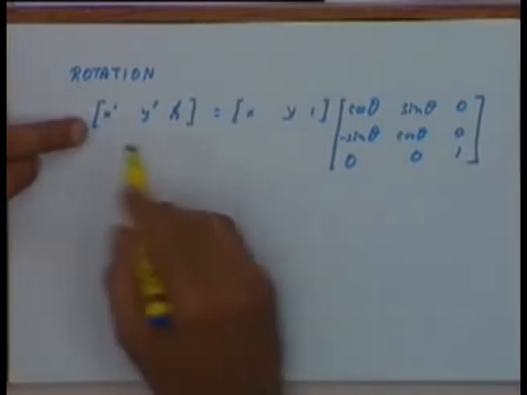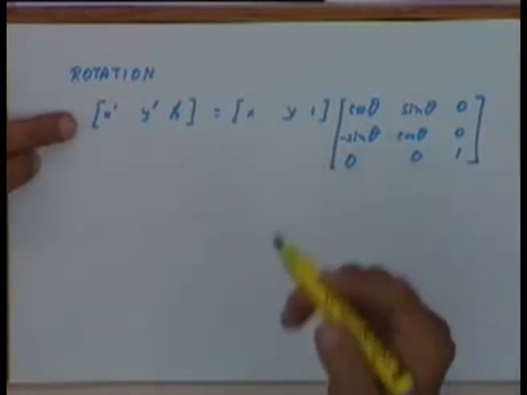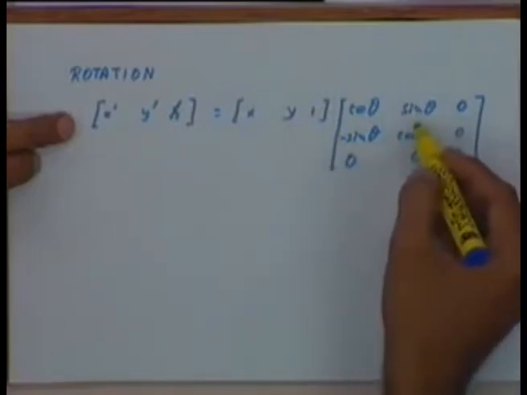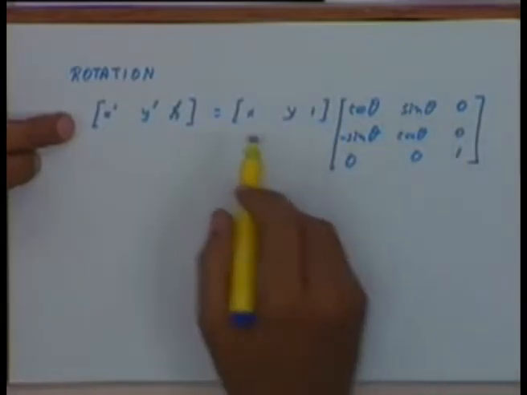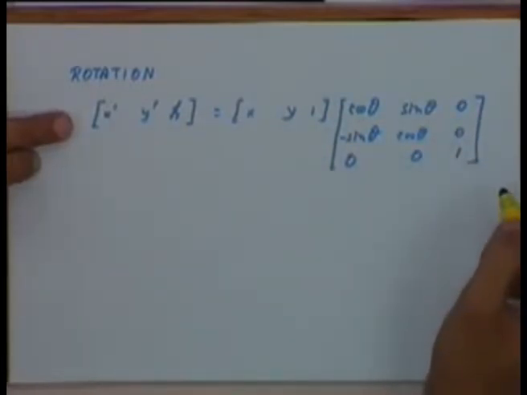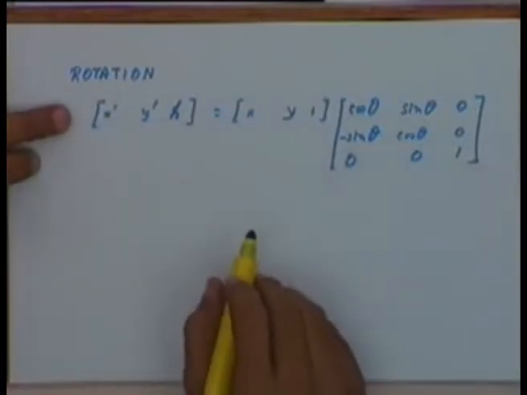This way x prime will be equal to this row vector multiplied by this column vector, which gives us the same equation as we had earlier. Similarly, y prime will be this row vector multiplied by this column vector, which again gives us the same equation as earlier, and the homogeneous coordinate will just give us 1. So rotations can also be captured in a similar manner.